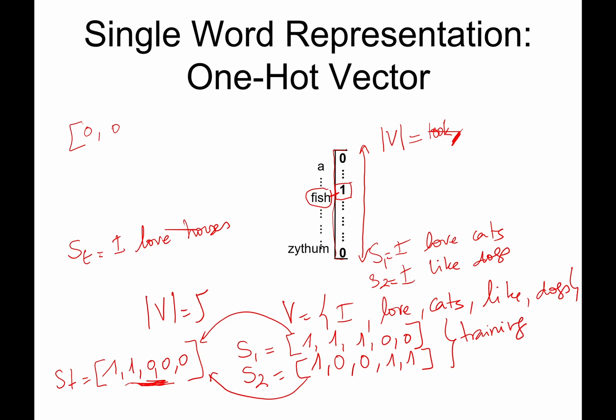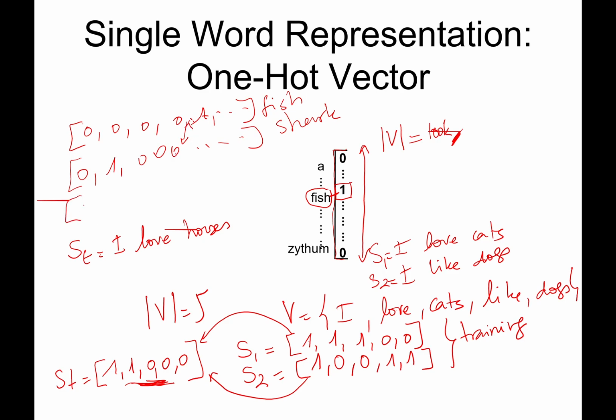So if you do this and you say, this is my representation, and then you have a 1 here for fish, right? And this 0, 1, 0, 0, 0, 0 until the end is my representation for shark. Okay, there is nothing that tells you that this vector is more similar to this one than, let's say, 1, 0, 0, 0, 0 that represents table.